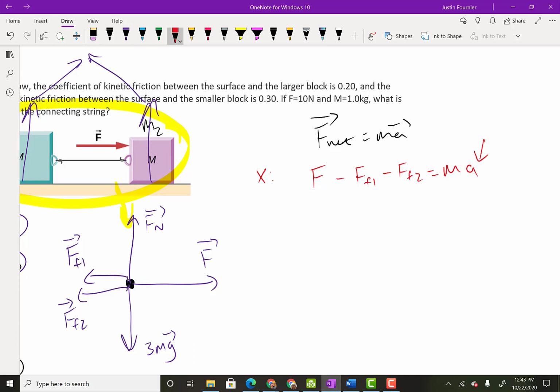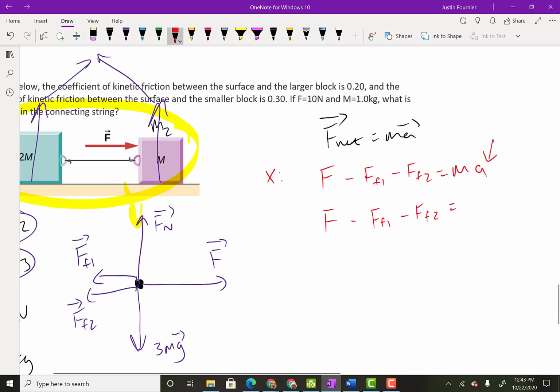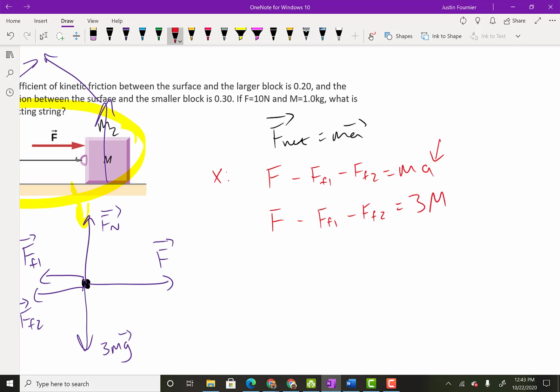I do know the total mass, which is 3m. So F minus FF1 minus FF2 equals 3m times the acceleration. Then I'm going to divide all this by 3m. So F minus FF1 minus FF2 over 3m equals the acceleration.